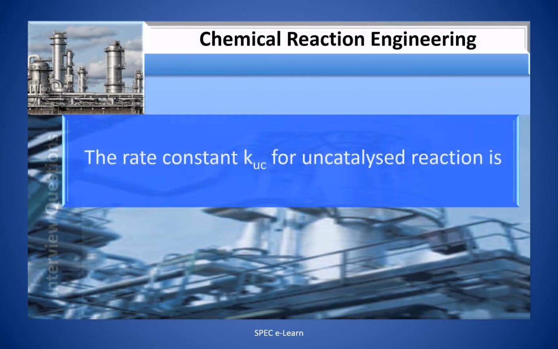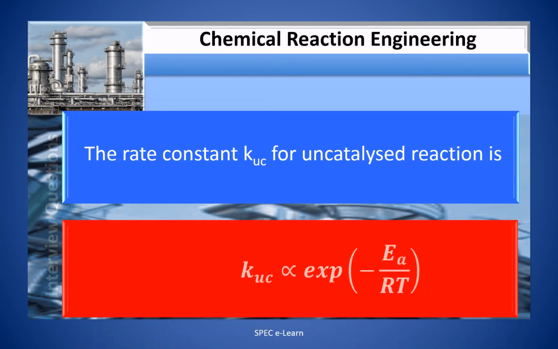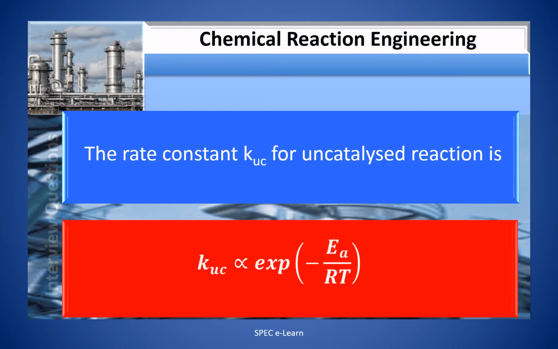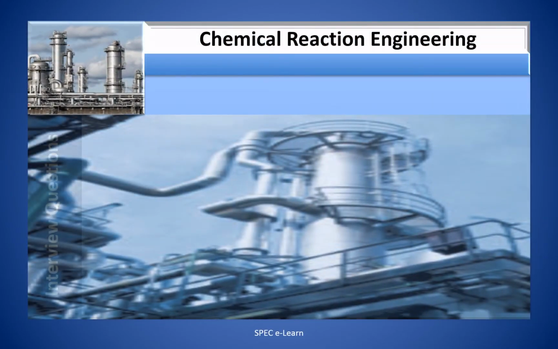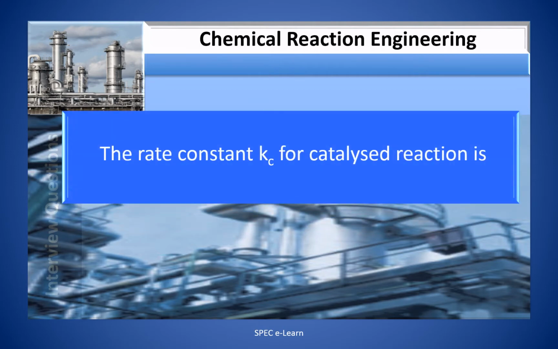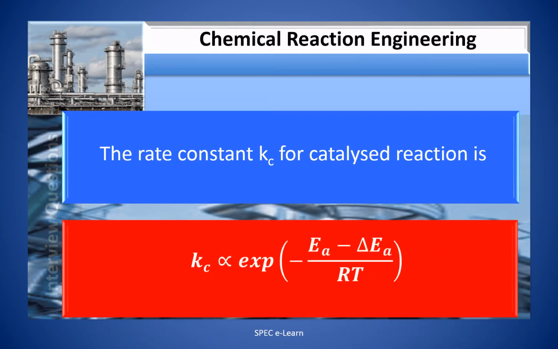The rate constant Kuc for an uncatalyzed reaction is expressed as Kuc proportional to exp(-EA/RT). The rate constant Kc for a catalyzed reaction is expressed as Kc proportional to exp(-(EA - delta EA)/RT).